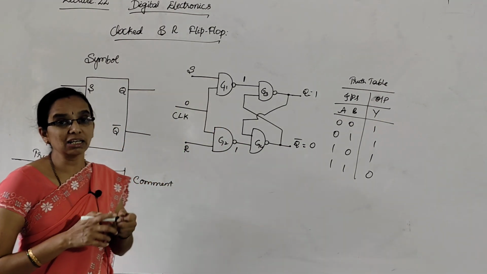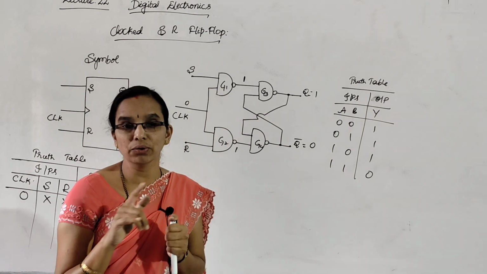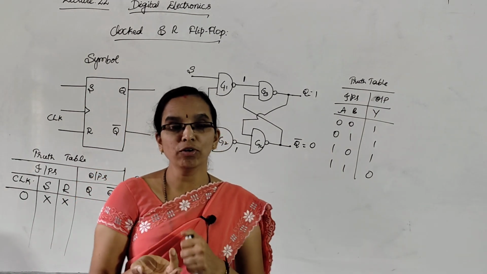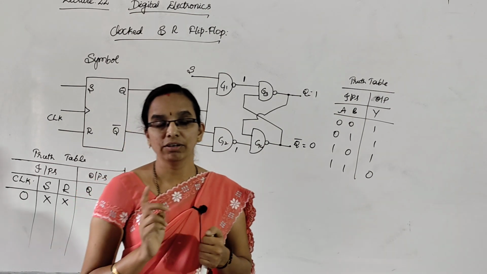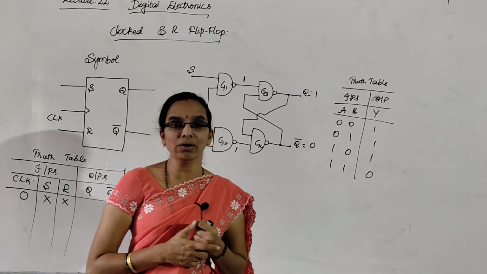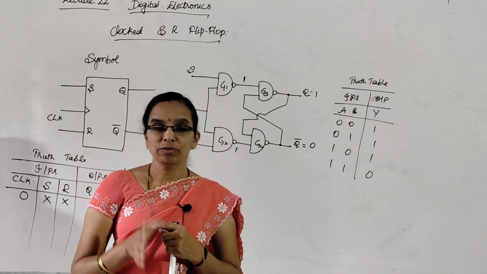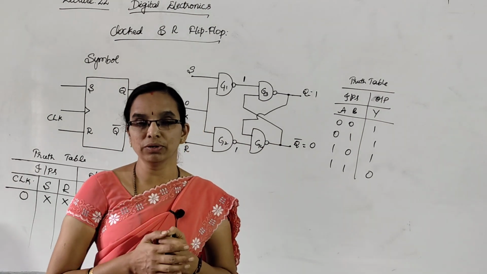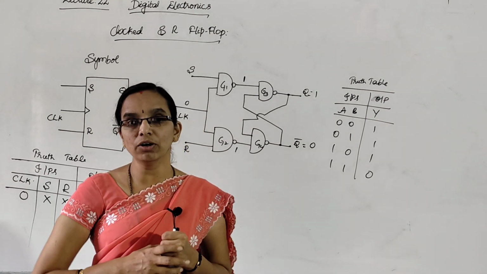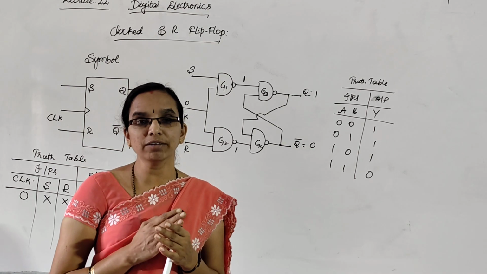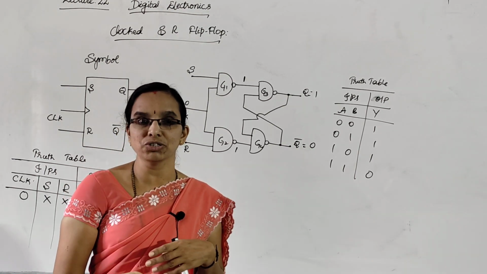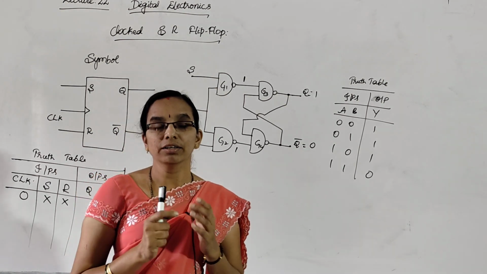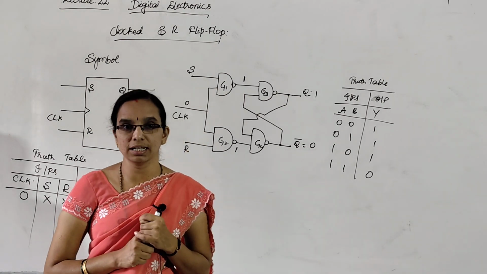So whenever the clock signal is 0, that is low, the flip-flop will remain in hold state only. That means the flip-flop will not respond, irrespective of S equal to 1, R equal to 0, whatever may be the condition of S and R, the flip-flop will be in hold state.